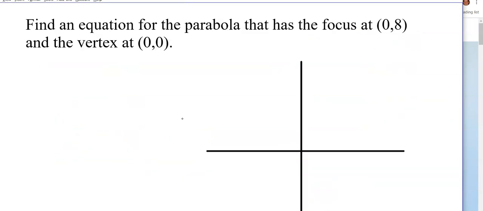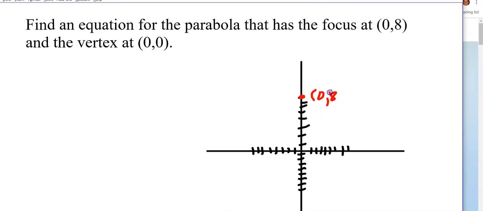A focus at 0, 8. Okay, so focus at 0, 8. So instead of giving the equation, they're just giving us a point or two here.